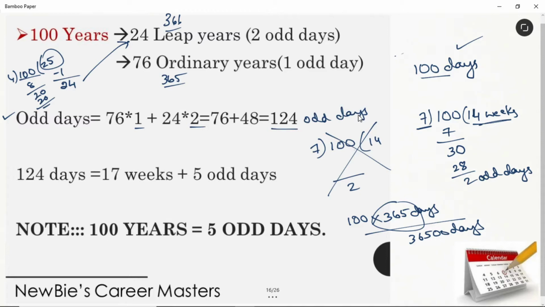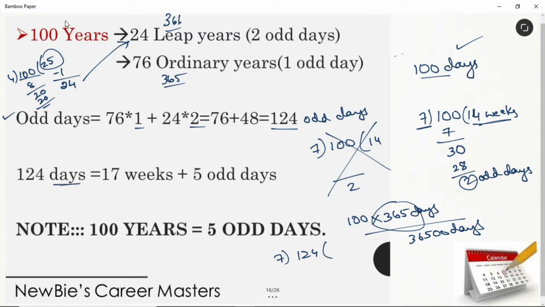But 124 can't be odd days. Correct? Odd days are remainders of 7. It can be 0, 1, 2, 3, 4, 5, 6. That's it. Correct? In the remainder place, can you place 8, 9, 10? No, right? So, what do you have to do? Take that 124 days, divide this by 7. Now, we can divide this value by 7 because, see, days.